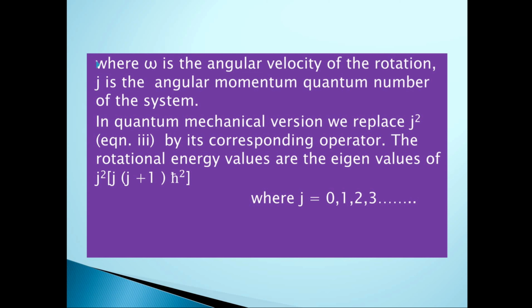So what is the eigenvalue here? The eigenvalue here is J into J plus 1 under bracket H cross square. So the operator J square works on this wave function and we get its eigenvalue. What eigenvalue means is that only that value can be observed.